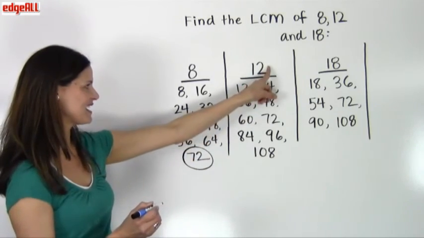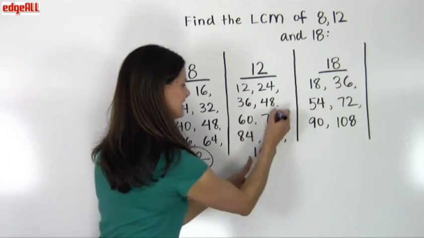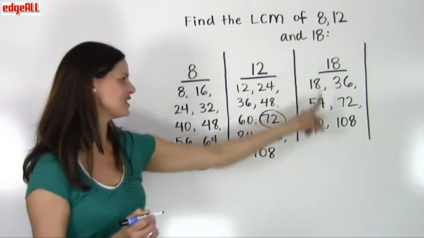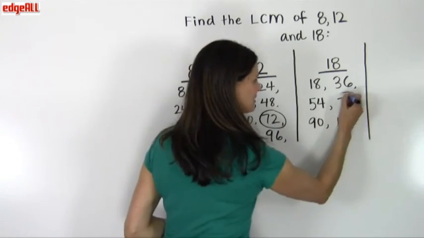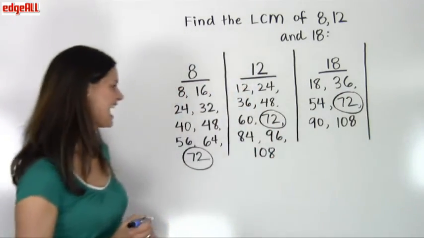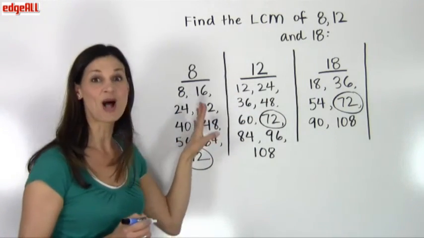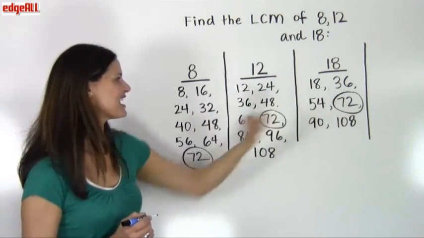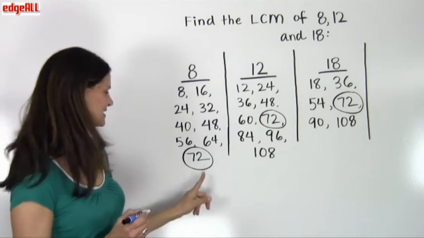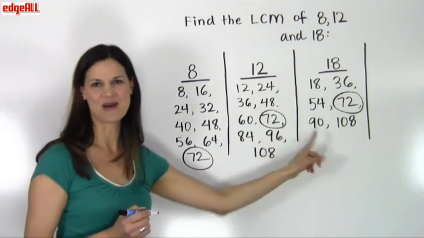It's also in the multiples of 12. And 72 is also found in my multiples of 18. And if I look back on the smaller numbers, there are no smaller numbers that these three have in common. And so 72 is my least common multiple.